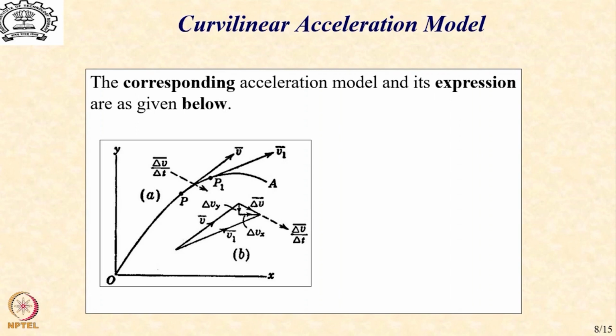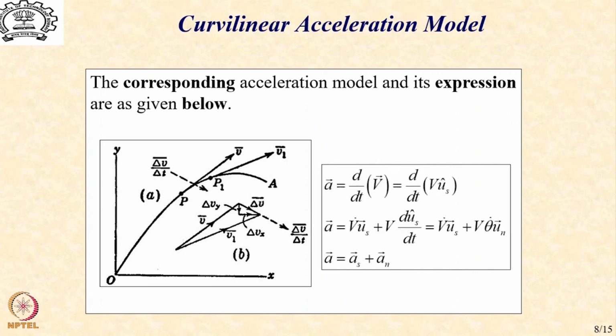Together they generate delta v bar, which is the change in the velocity, and if we take its ratio with delta t, the time taken, that becomes our acceleration vector at that particular point. The mathematical relations are as follows.